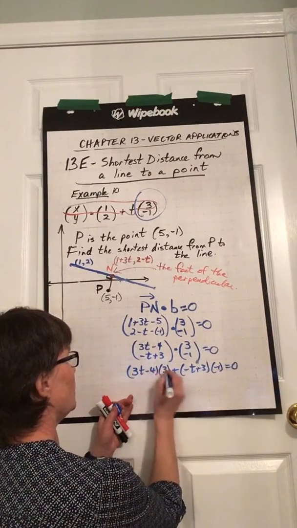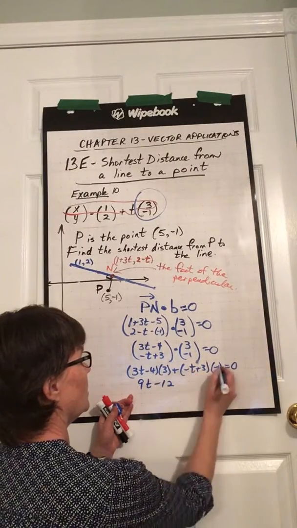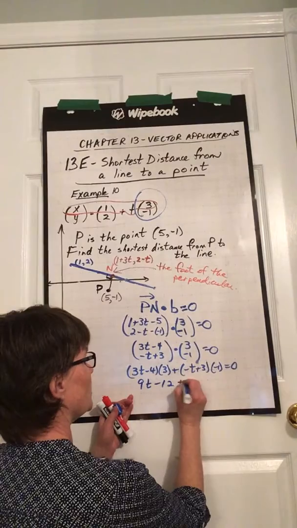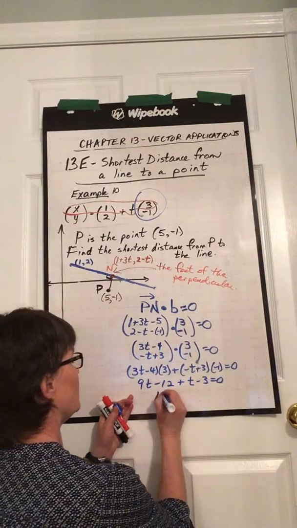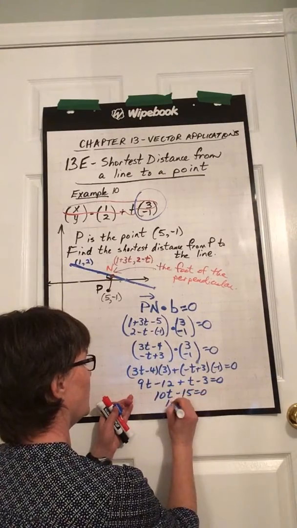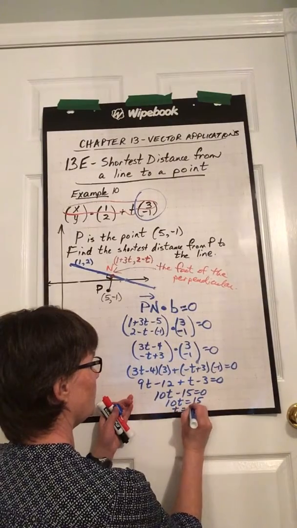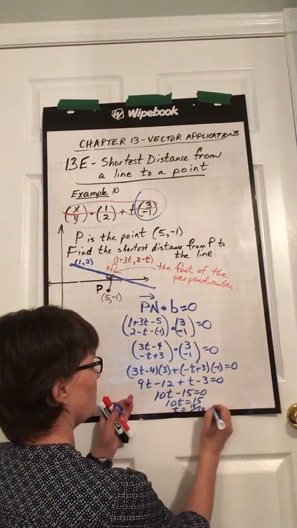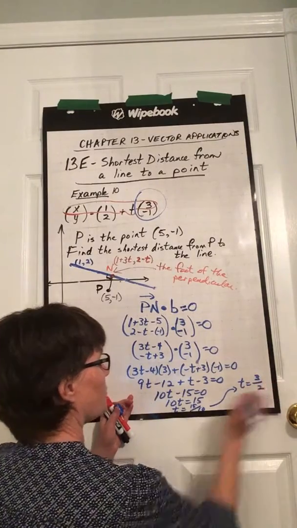Multiplying through, 9t - 12 plus t - 3. We have 10t - 15 = 0. 10t equals 15, so t equals 15 over 10, or t equals 3 over 2.